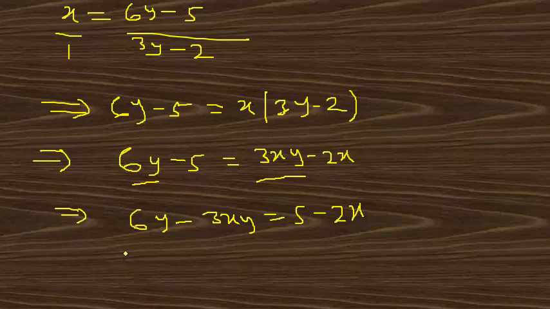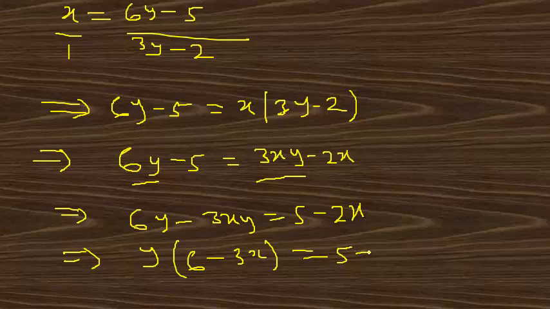Okay, so let's take y out. So y out, we have 2 minus 3x equals 5 minus 6x.